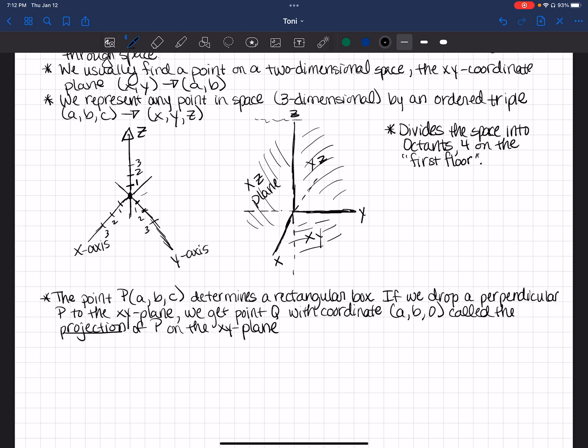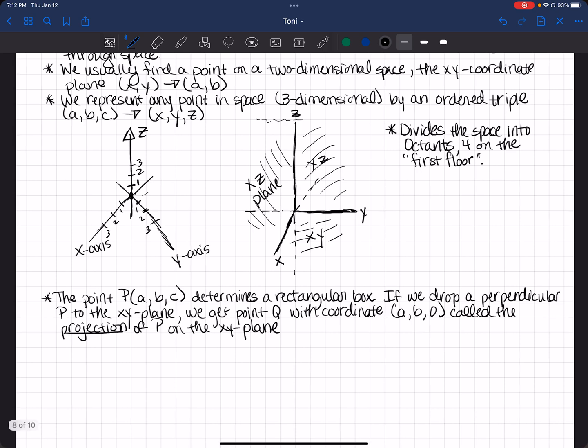Okay, you'll notice that the Z coordinate is a 0 because we dropped that perpendicular down to the XY plane. So if we're sitting on the XY plane, then Z is 0. Okay, it's not going anywhere. It's kind of like on the line.